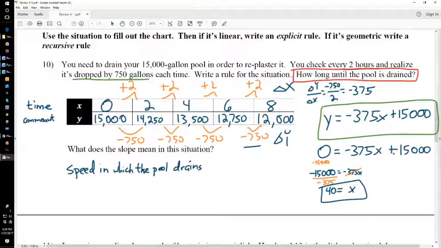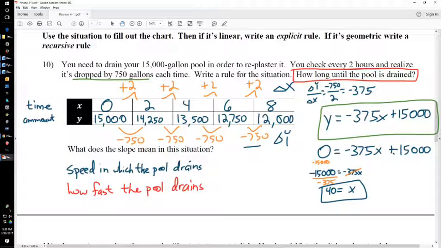And you don't have to write it that way. That's kind of a wooden way of saying it. You can say anything that has to do with how fast the pool is draining. The slope describes how fast the pool drains.